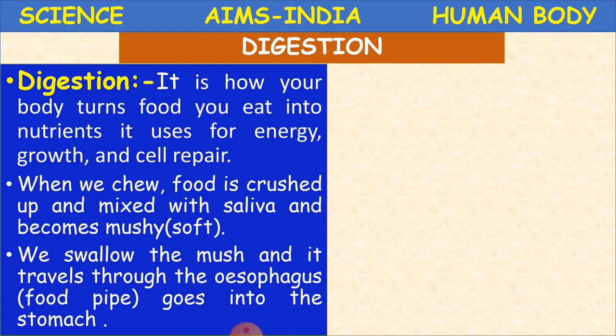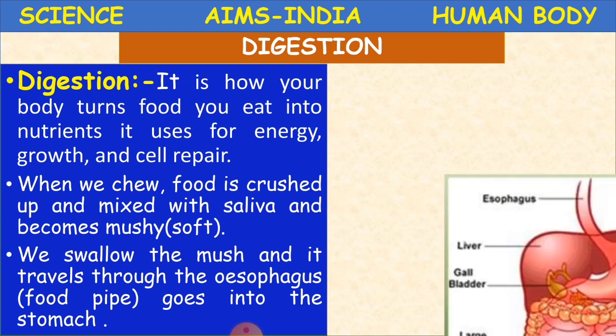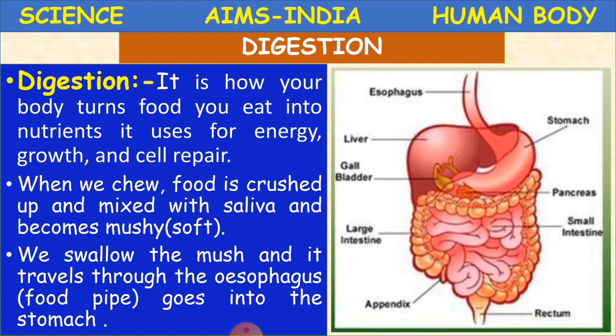So we have food, and that food must be converted into nutrients. And those nutrients must help us for our energy, growth and cell repair.